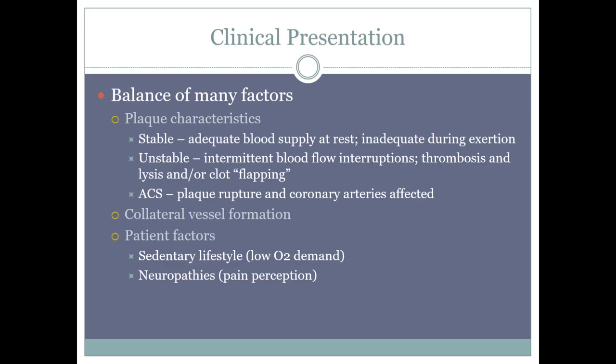That collateral blood vessel is not going to form in that period of time. Keep in mind that patients that have very sedentary lifestyles, they don't do a lot of exertion, they may have significant coronary artery disease and never know it because they're not exerting themselves to produce those symptoms. Patients with diabetes or any sort of neuropathy may never feel that they're having a heart attack, for example, so some things just to keep in mind.